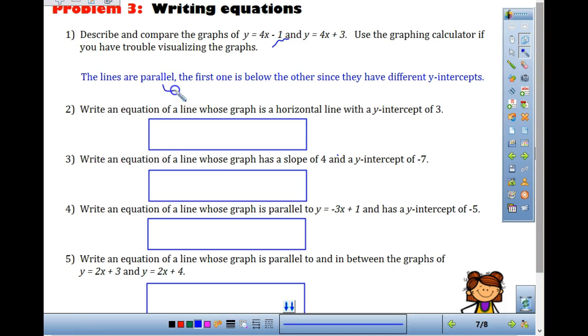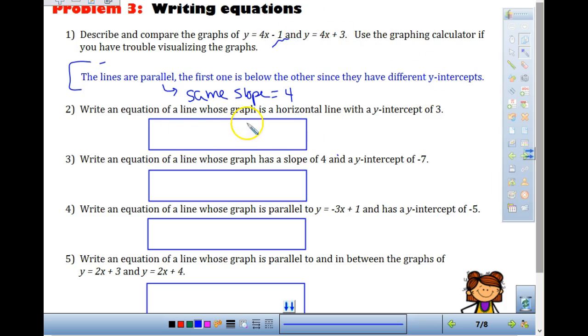And the reason they are parallel is they have the same slope, which was 4. They are parallel lines. The first one is below because they have different y-intercepts, negative 1 and 3.